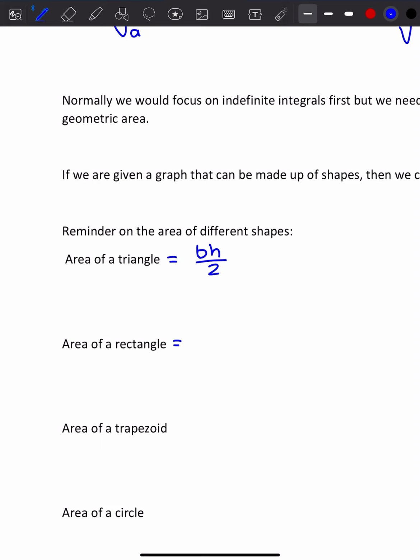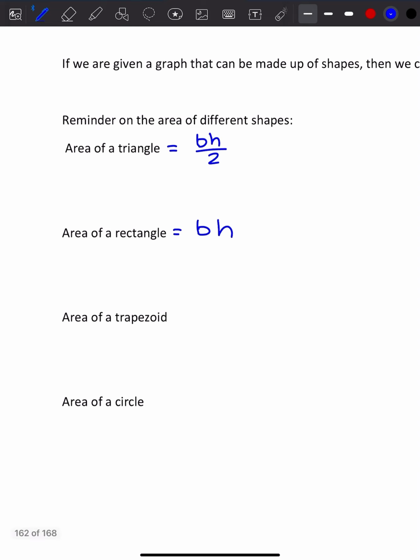Rectangles, we've been dealing with them, are base times height. Trapezoids, my all-time favorite shape, can be written as base 1 plus base 2, we're realistically finding the average of those bases, times their height divided by 2, or 1/2 times all of that.